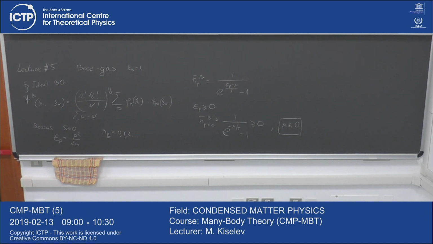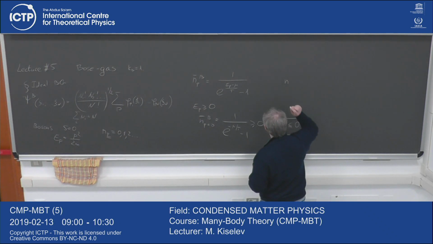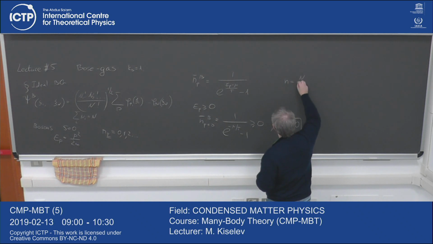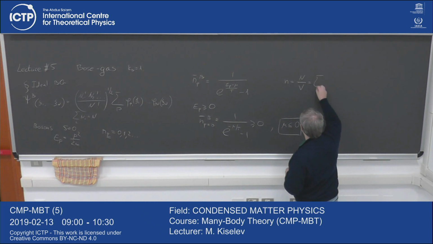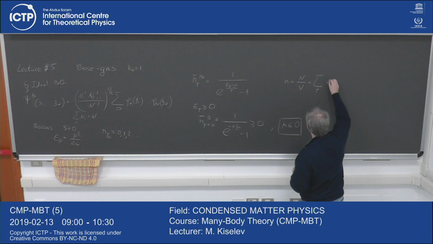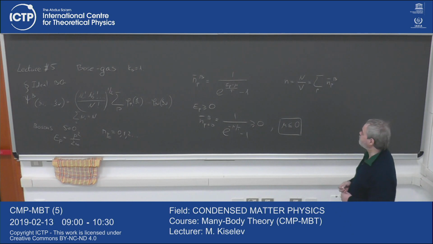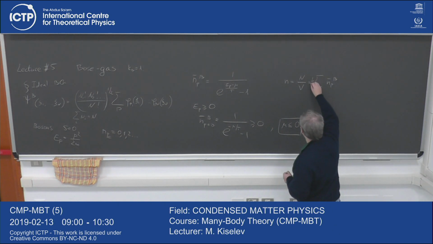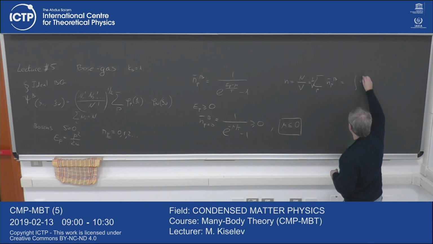Let's first discuss thermodynamics the same way as we did it for the ideal Fermi gas. The density of particles, which is the number of particles per unit volume, is equal to 1 over V times the sum over all p of n_p for bosons. In the usual way, this is the integral d^3p over (2 pi h bar) cubed, 1 over e to the power (epsilon p minus mu) over temperature, minus 1.